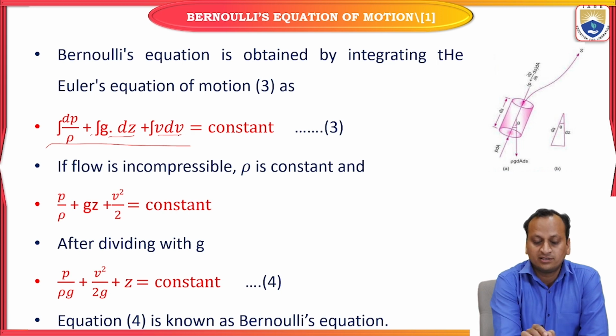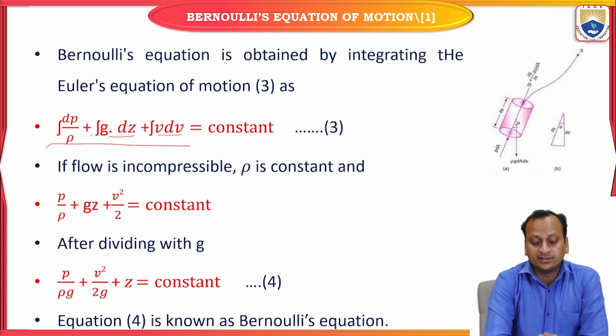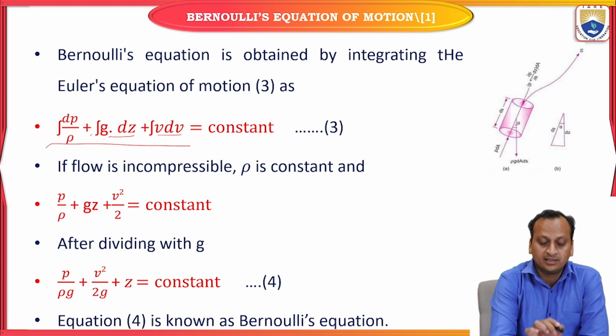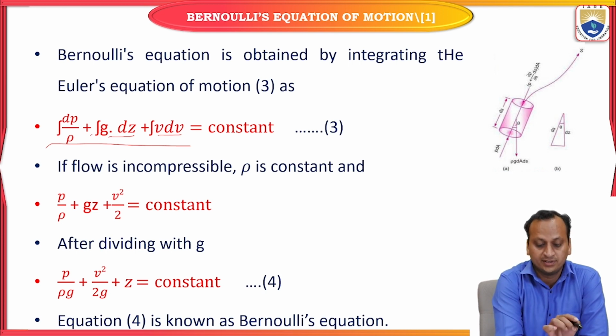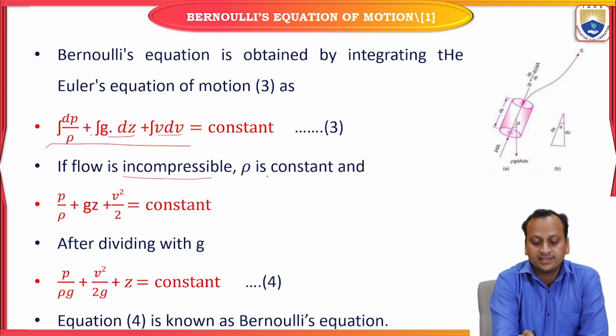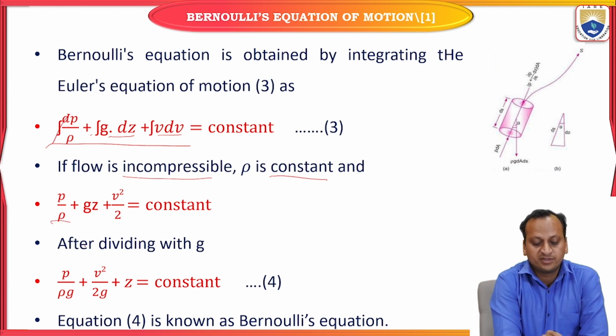These three terms equal a constant. These three energies are constant, and if you integrate them, we get another equation known as Bernoulli's equation. If the flow is incompressible, rho is constant. So from the integration, the integral of dp by rho is p by rho.